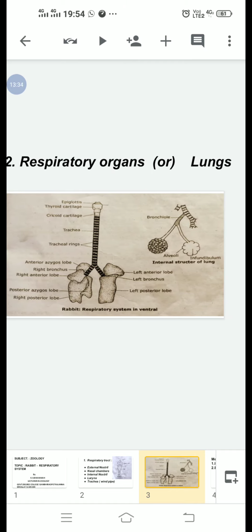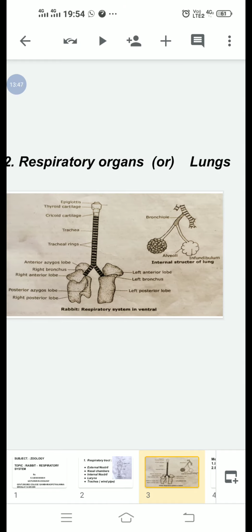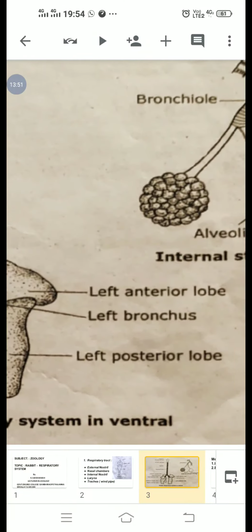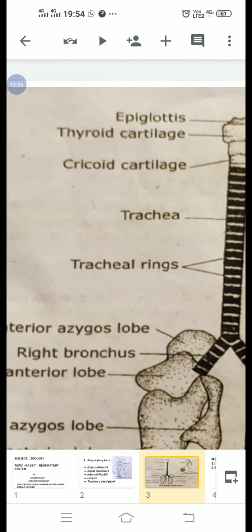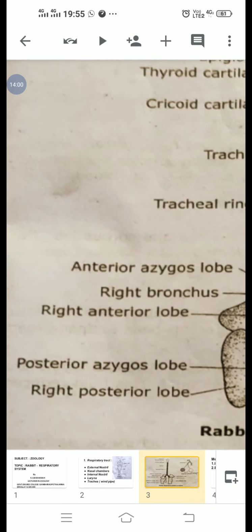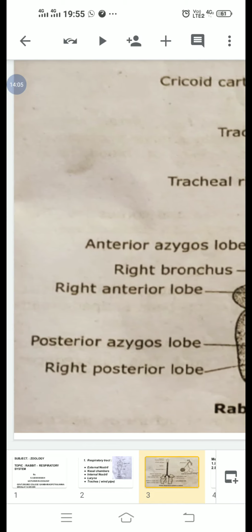Left lung has two lobes: left anterior lobe and left posterior lobe.